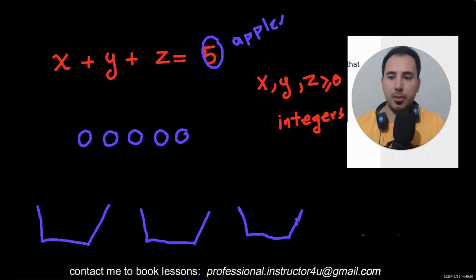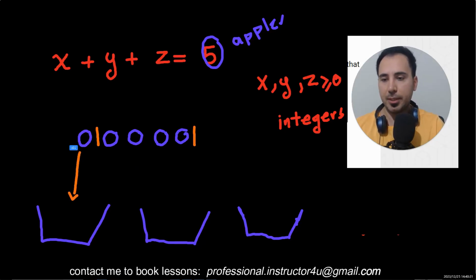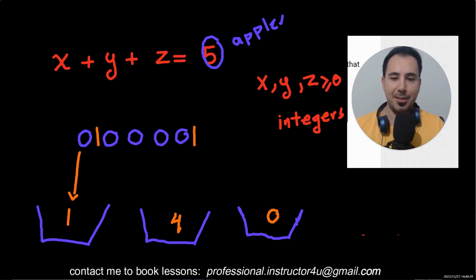What if I put one of my bars here and one of them here? Then 1 apple will go here, 4 apples will go here, and here is empty, so no apple would go right over here.